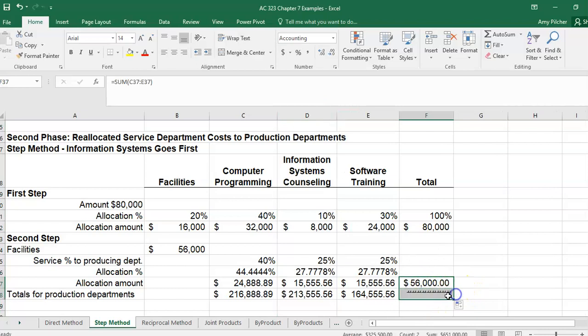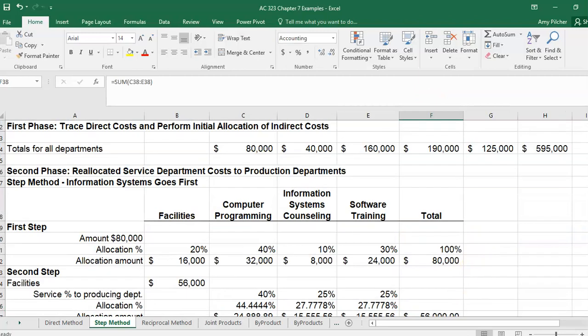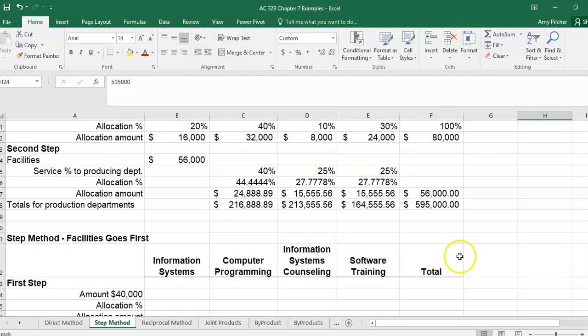We sum those across. We want to make sure that we have allocated our full indirect cost of 595,000.